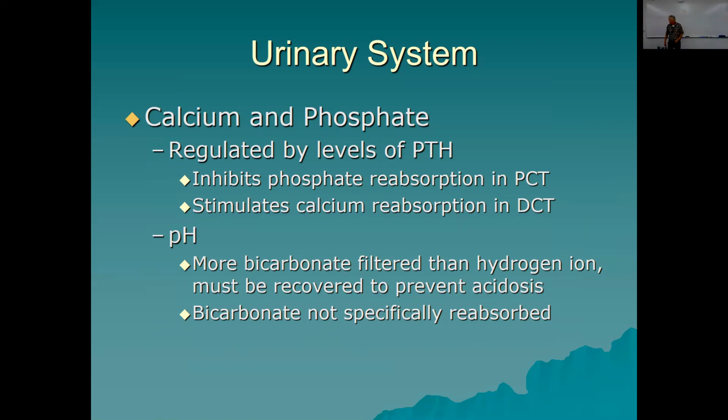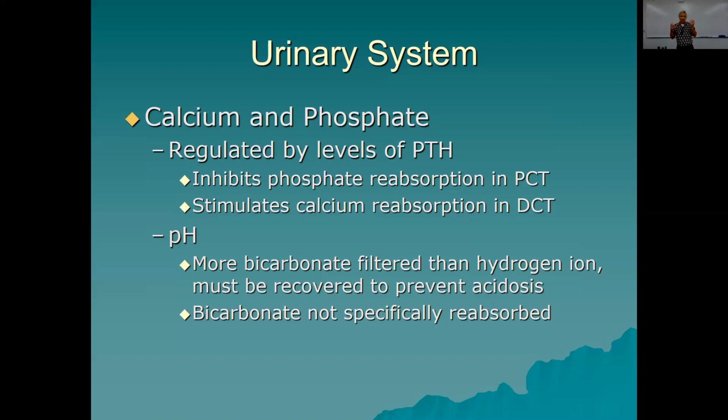More bicarbonate is filtered than hydrogen ions, so you must recover this bicarbonate to prevent acidosis. And bicarbonate is not specifically reabsorbed. It's reabsorbed by way of the ubiquitous equation: water plus CO2 makes carbonic acid, and carbonic acid breaks up into hydrogen ion and bicarbonate.